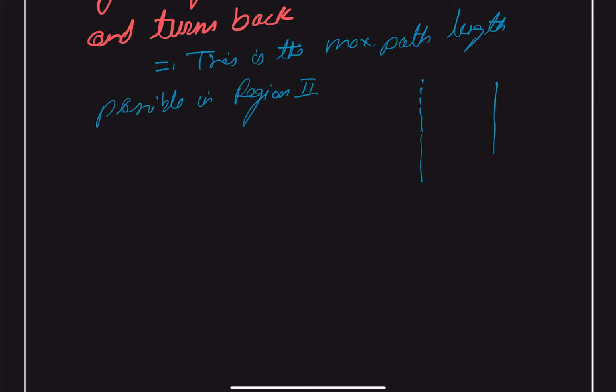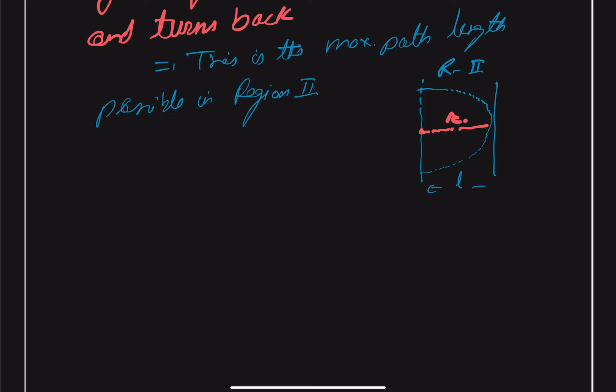So this is our region 2, and if the particle makes a semicircular path like this and the radius is just equal to the length, it will be moving in this direction. So this is our length, and suppose this is the center of the circle and this is our radius.